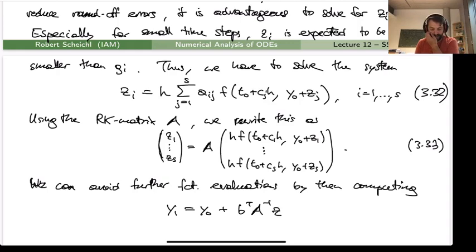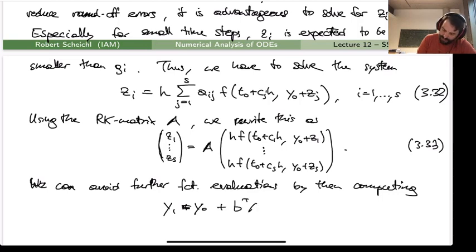Or rather, actually, I think you don't want to do this. You want to solve... Okay, no, this is exactly what you want to do. y1 plus is equal to y0 plus b transposed a inverse z.